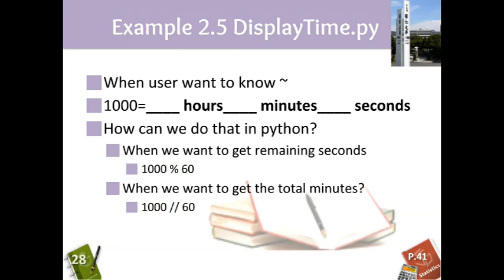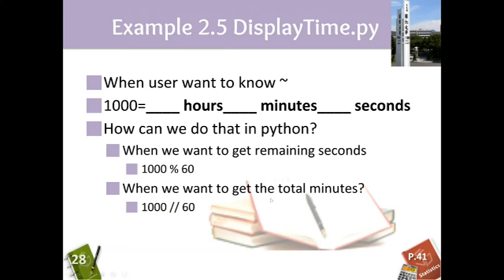What can we do in Python? When we want to get the remaining seconds, we can use the remainder, right? 1,000 remainder 60. Then we get the remaining value.